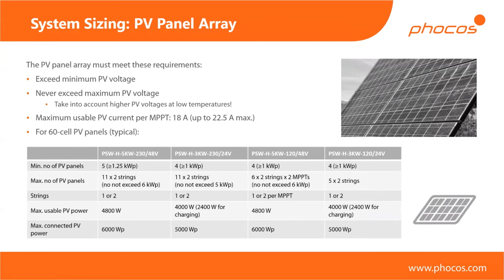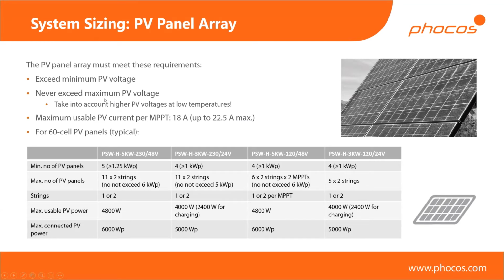For the PV array, I don't have time to go into all of these various combinations, but suffice to say, as I've said before, you only ever need 1 or 2 strings per inverter to be able to take advantage of pretty much the full PV capacity. The rules for setting up the PV array are that you must exceed the minimum PV voltage, which is typically around 90 to 120 volts, depending on the model, and you may not exceed the maximum PV voltage.